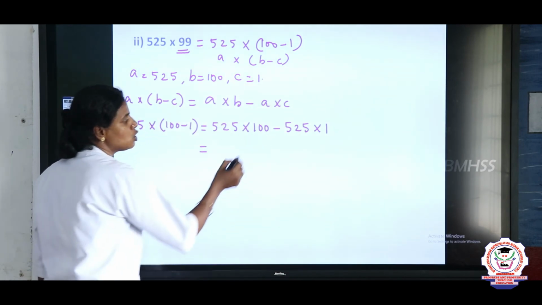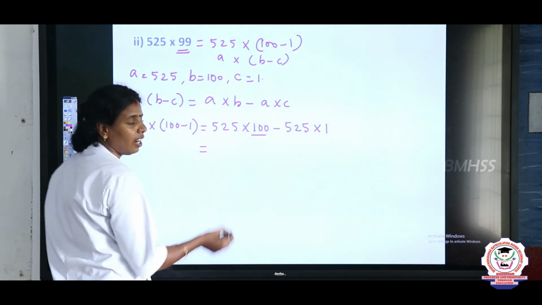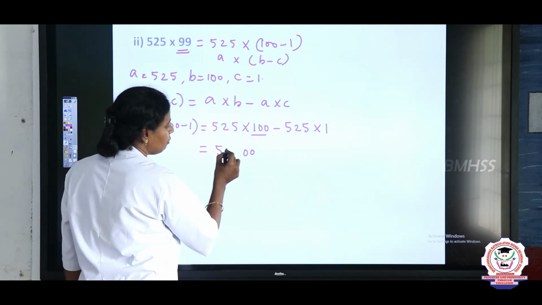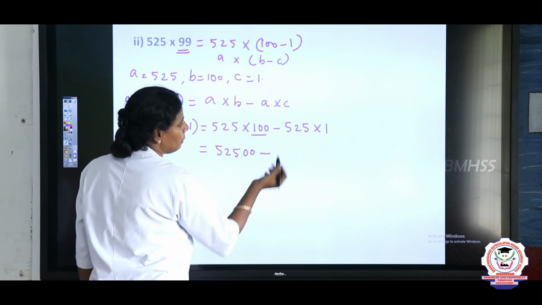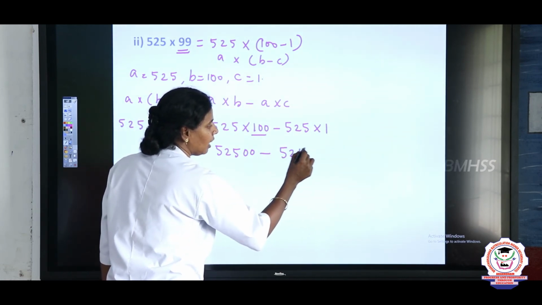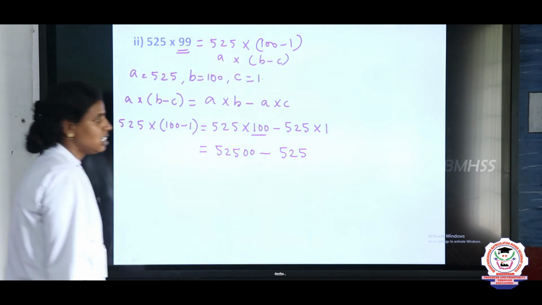Multiply with this number. So we are going to multiply by 100. We can take 2 zeros first. 1 into 525 is 525. 525 into 1 is 525. Now subtract these two integers.